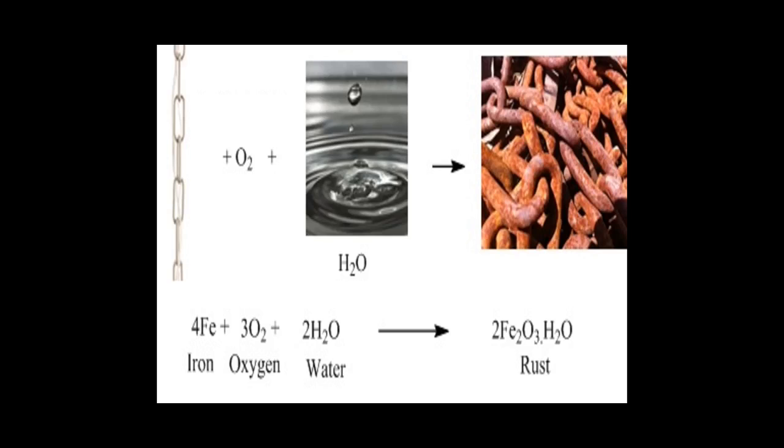So iron, oxygen and water, which are involved in this chemical reaction, are known as reactants. The new substance formed at the end of the change, that is oxides of iron, is known as the product. Rust is a new substance formed at the end of the change.